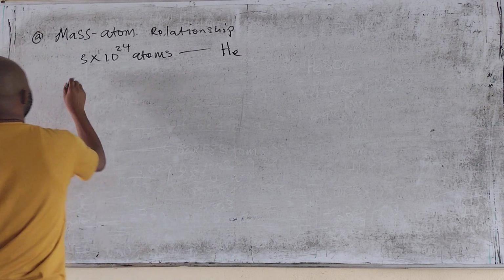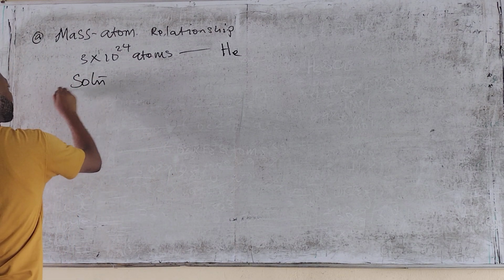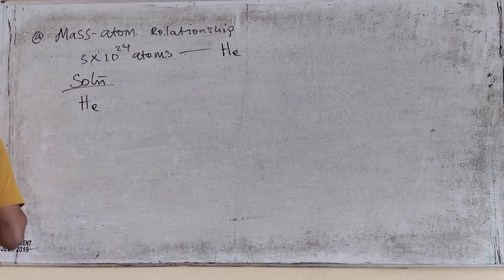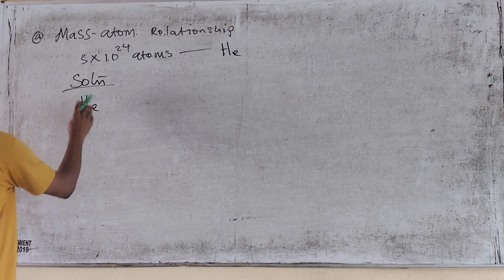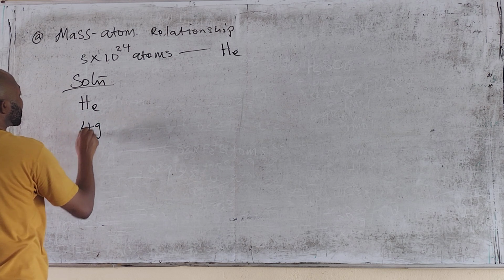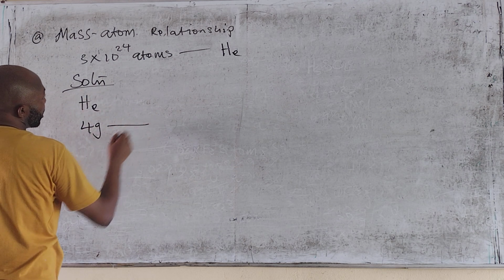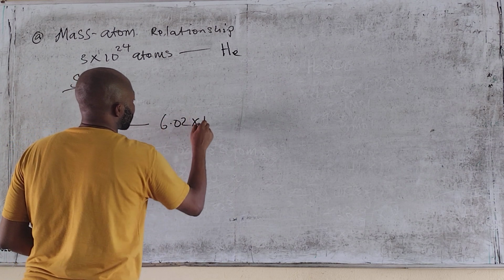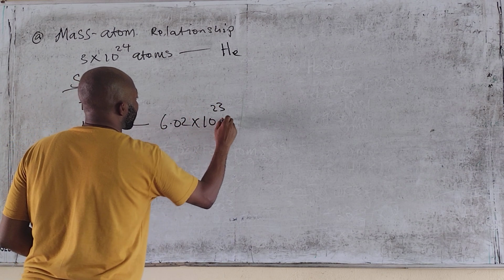So solution, helium, mass-atom relationship. How many grams of this? We have 4 grams. The relative atomic mass of helium is 4. It will give us 6.02 times 10 raised to the power 23 atoms.